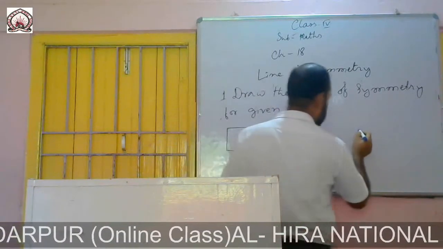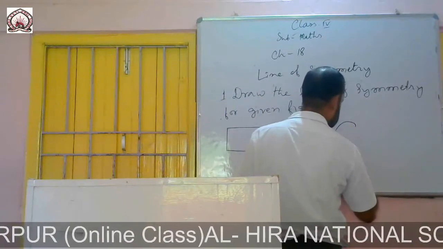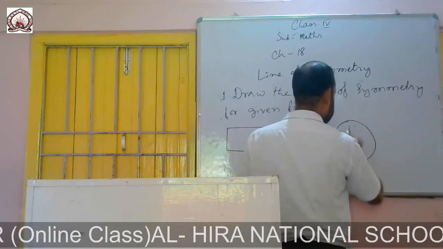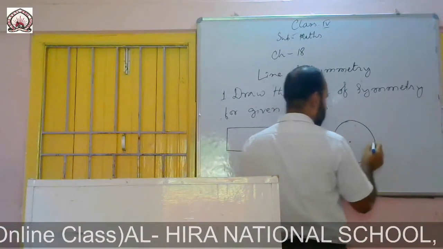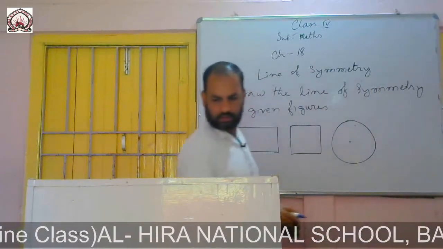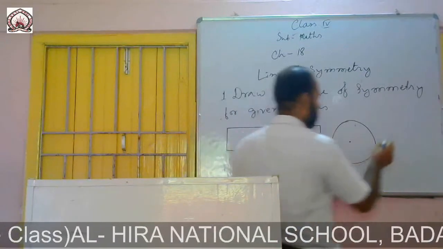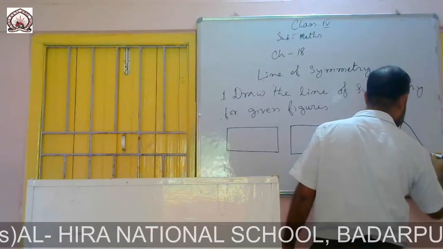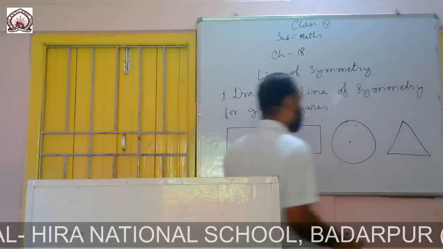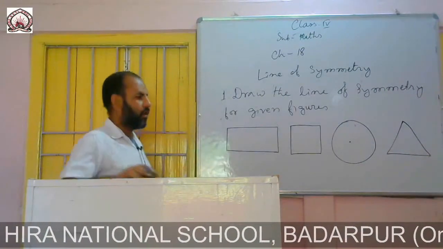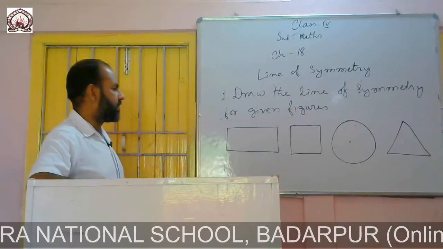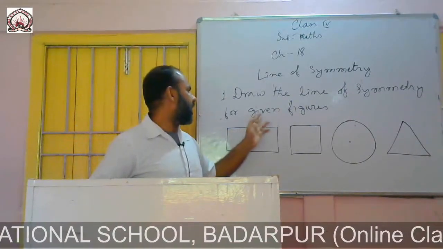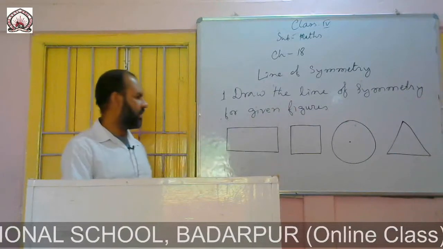Next, circle, next, equilateral triangle, all sides are equal. So now we draw the line of symmetry for the given figures.